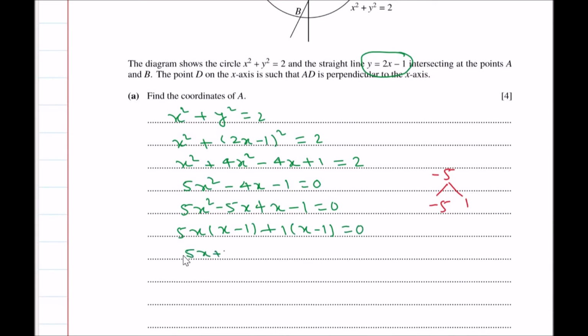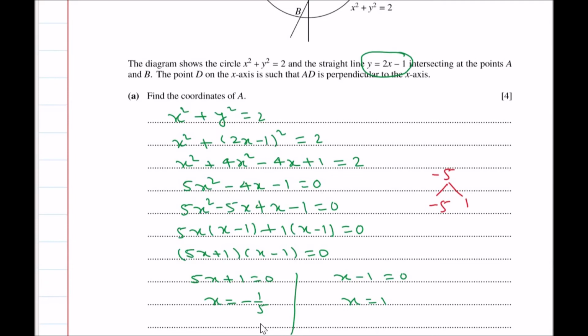So (5x + 1)(x − 1) = 0. Now we can write 5x + 1 = 0 and x − 1 = 0. So this gives us x = −1/5, and this gives us x = 1.